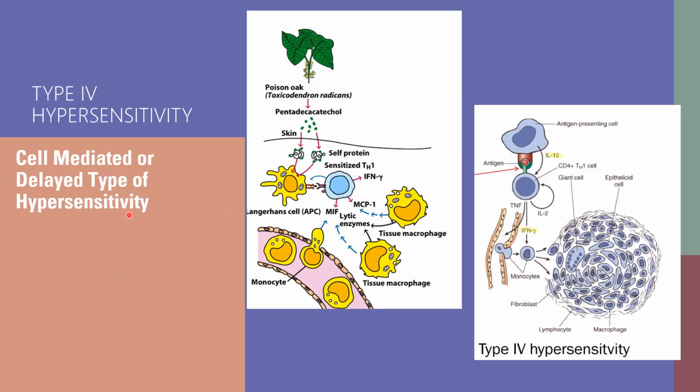Now your type 4 hypersensitivity can represent as granuloma formation. So yung granuloma formation happens when there is a prolonged delayed type of hypersensitivity, more prolonged than the usual course of a type 4 hypersensitivity reaction.